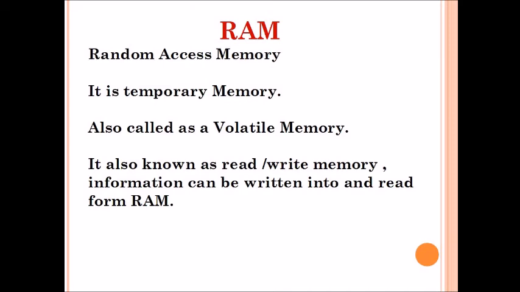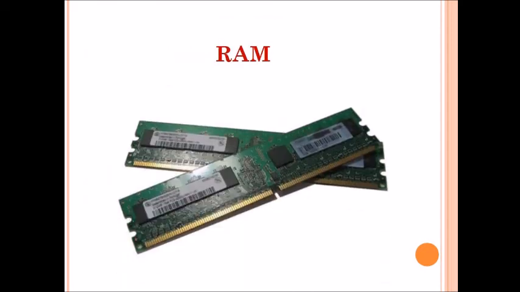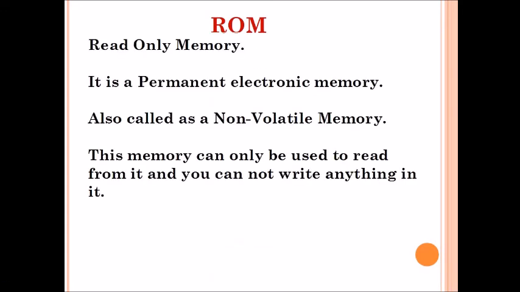Information can be written into and read from the RAM. So this is the image of RAM. This memory is used to store the user data and instructions along with the results produced by the system.